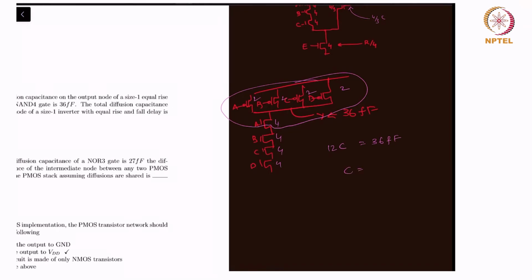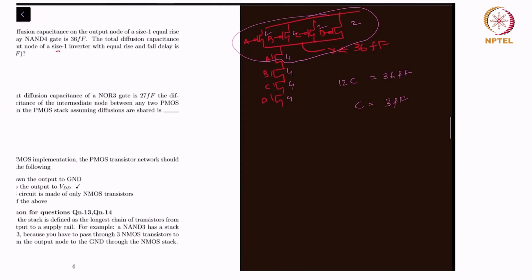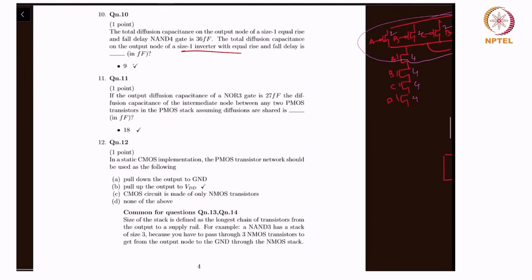That means C is equal to 3 femtofarad. And so now for the output node of a size 1 inverter, we will get this 2, 1, right? Size 1 inverter. So this is 2 plus 1, 3C. When you look at it like that, 3C corresponds to 9 femtofarad. The answer is 9.